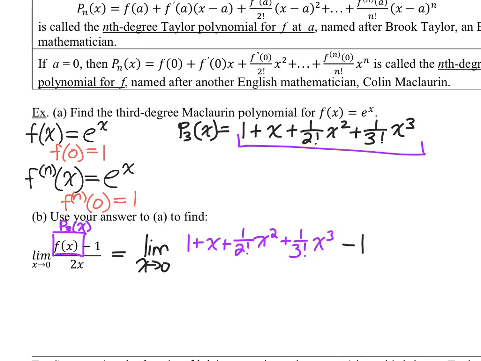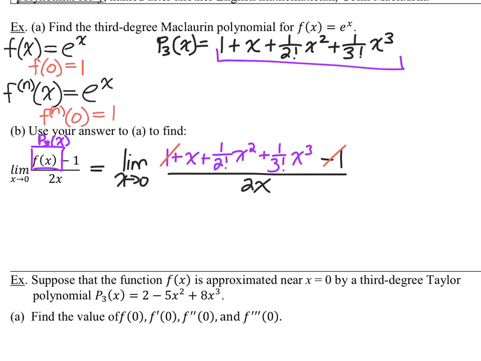minus 1 all over 2x, you can see that the 1 and negative 1 will cancel, and you're going to be left with x plus 1 over 2 factorial x squared plus 1 over 3 factorial x cubed over 2x.